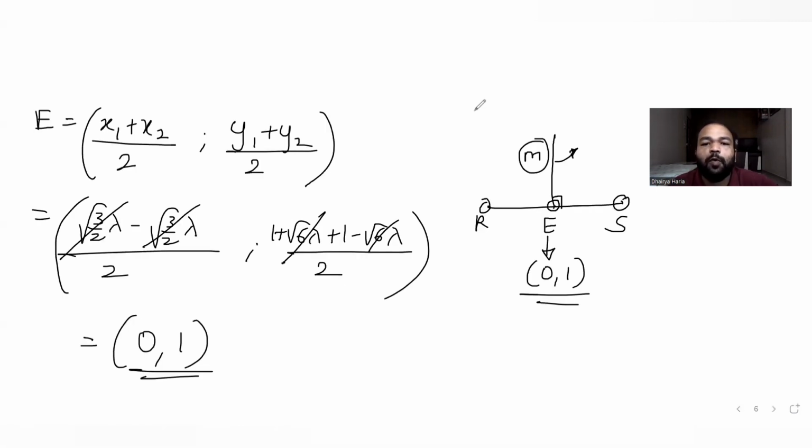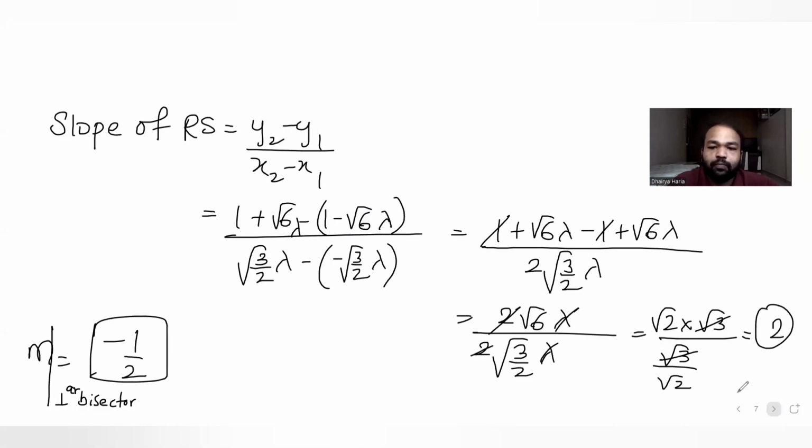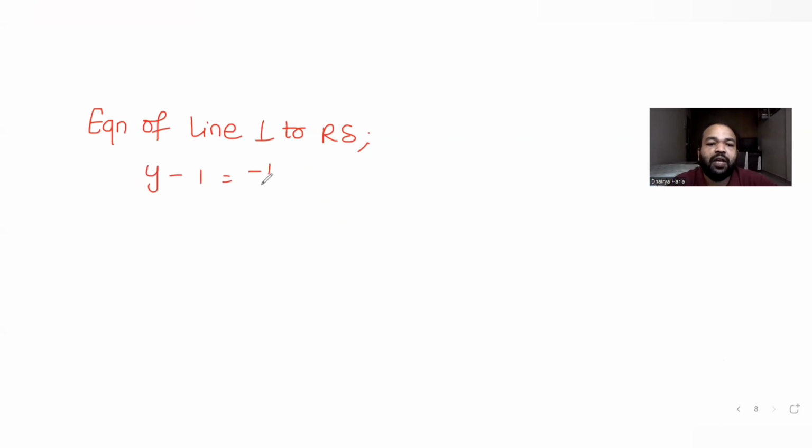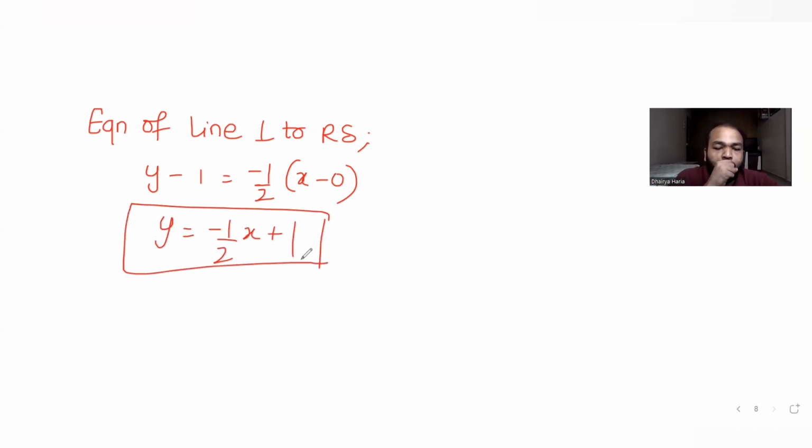So you have the slope of the perpendicular bisector, that is minus half, and you also have the coordinate here, so you just find the equation of the line. The equation of the line perpendicular to RS becomes y minus y1, that is 1, is equal to minus half x minus 0. So you get y equal to minus half x plus 1.